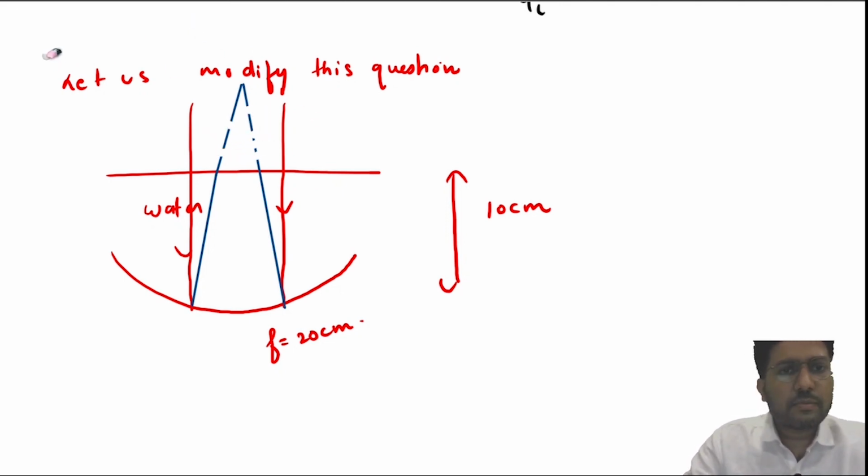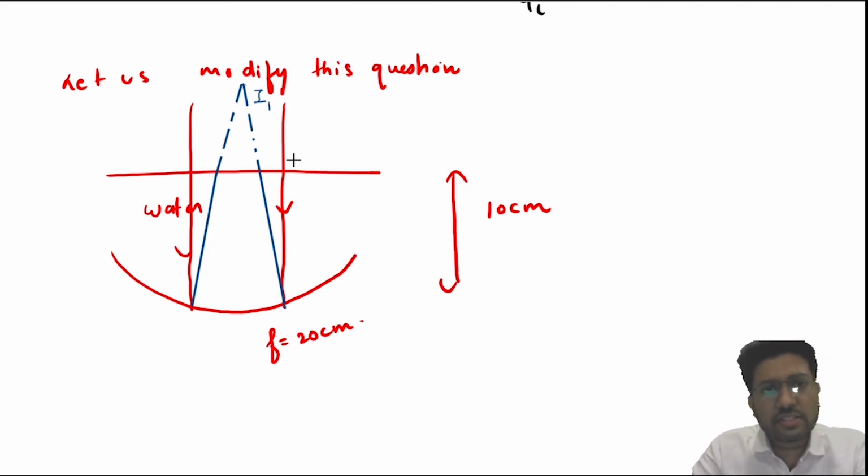Why am I drawing this with a dotted line? Because the ray of light wanted to intersect at this point. This is the image, but because it has reached this interface, you have to consider the refraction from this interface, and you have to see which is the final image from this interface.